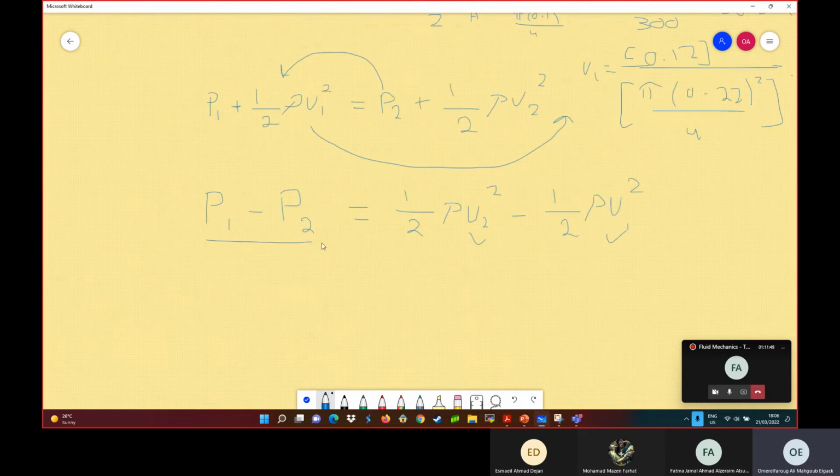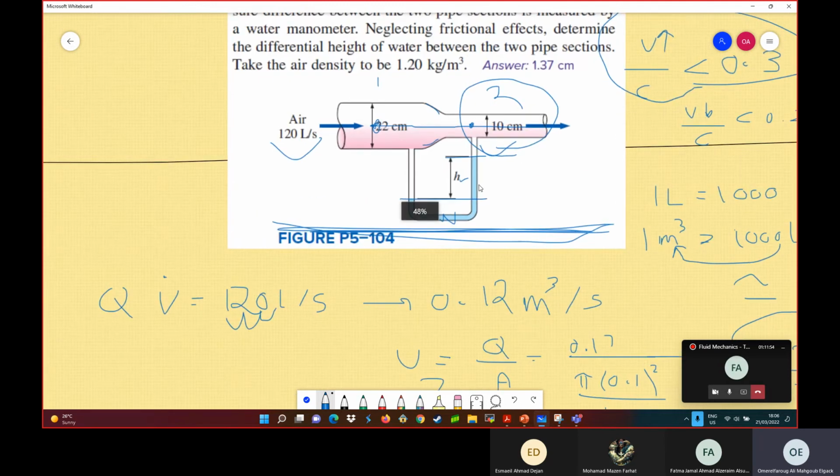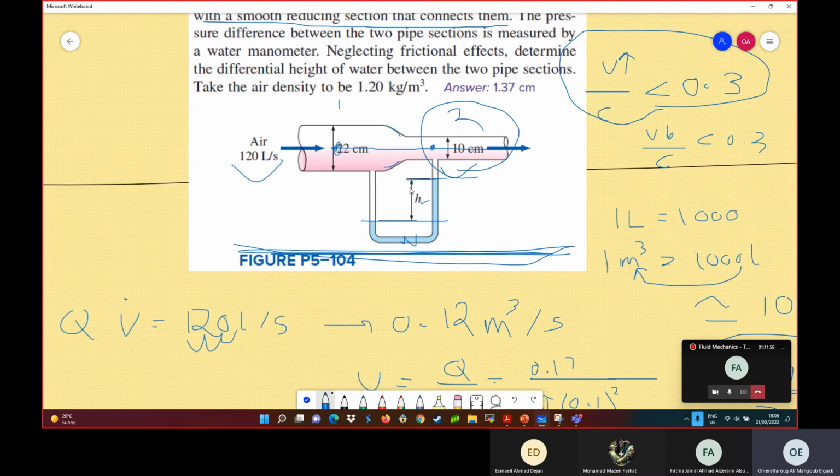Now the problem is here, P1 minus P2. I want to find the height. Now I will apply the relation when we go in the normal direction, perpendicular to the streamline. At this point we have P1, just as in the first question we solved. When I go here, I should add P1 plus rho of the air, this is air here, g h, because I'm adding more weight.